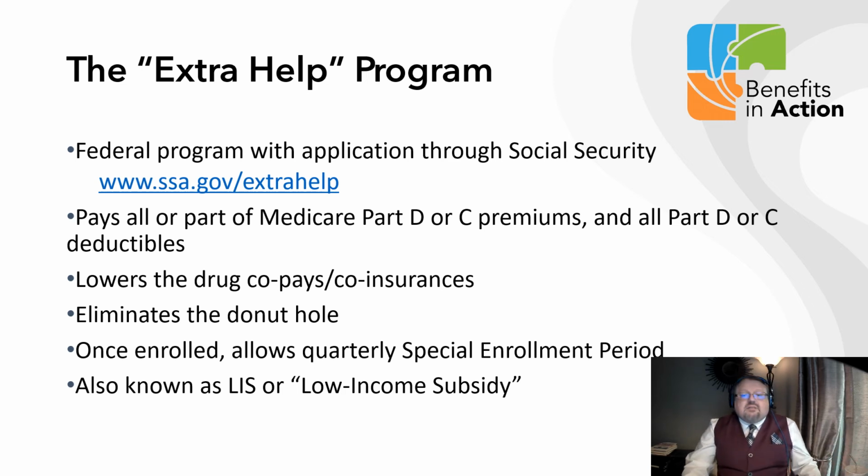There are some mechanisms by which the government can help lower the costs for various aspects of your Medicare coverage, including your Part D and Part C premiums, if you qualify for Extra Help, which is a program specifically for prescription drugs. The litmus test for Extra Help eligibility goes beyond just income by itself, but also includes an asset test.